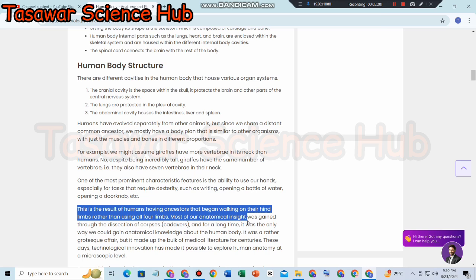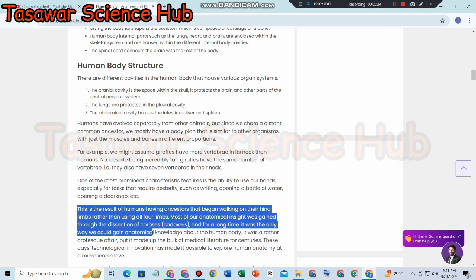Most of our anatomical insights were gained through the dissection of corpses, cadavers, and for a long time it was the only way we could gain anatomical knowledge about the human body.